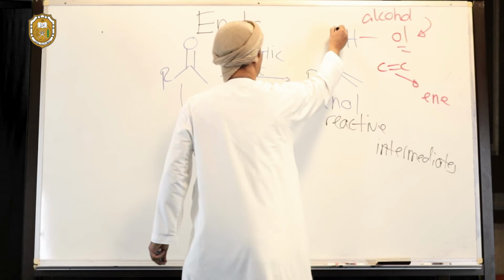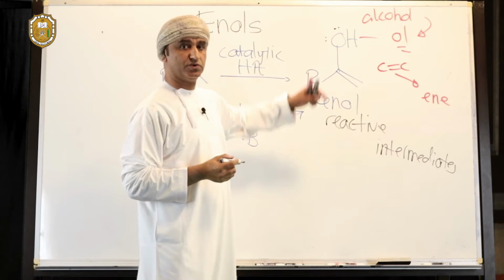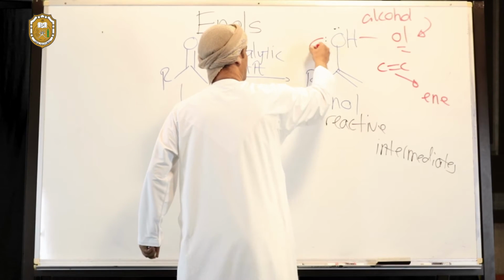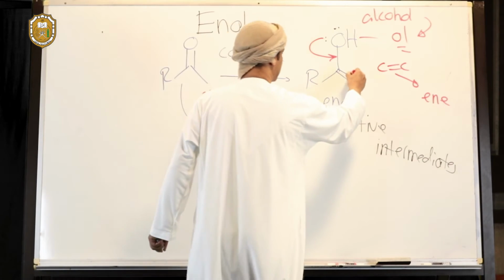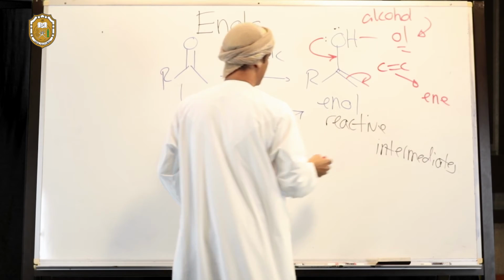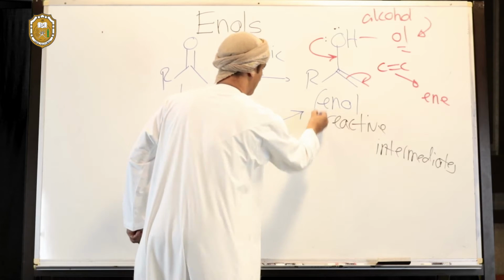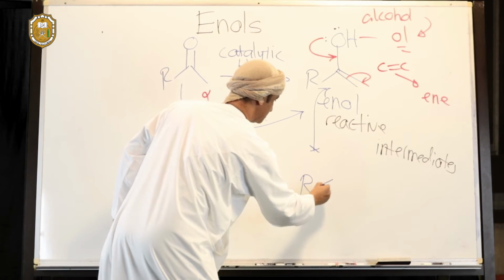If you look at this enol structure, of course, there are two lone pairs on that oxygen. We can take one of the lone pairs to make a double bond between oxygen and carbon and simultaneously break the carbon-carbon double bond. If we do that, we get another resonance form, which is this one.